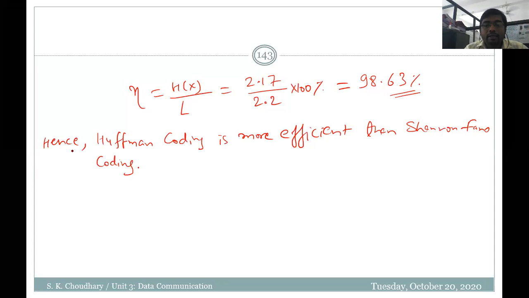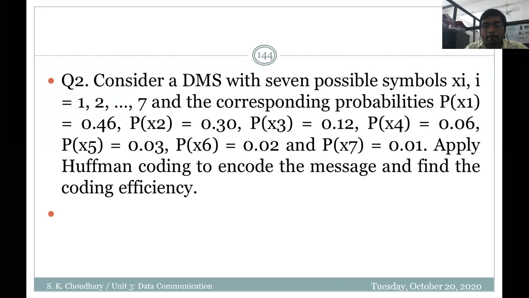Now see another example of the Huffman coding. This is the second question.